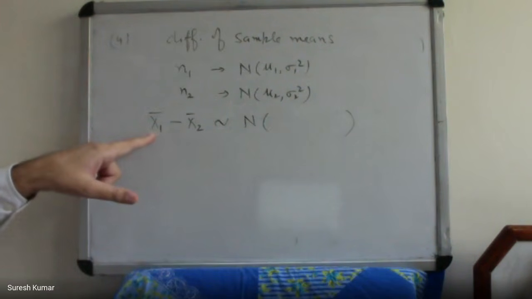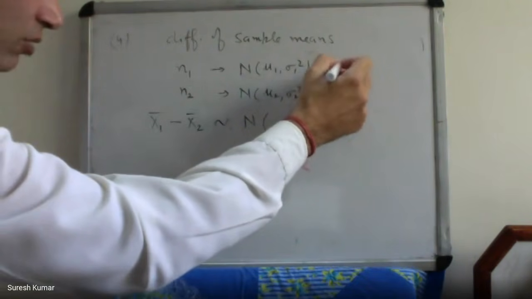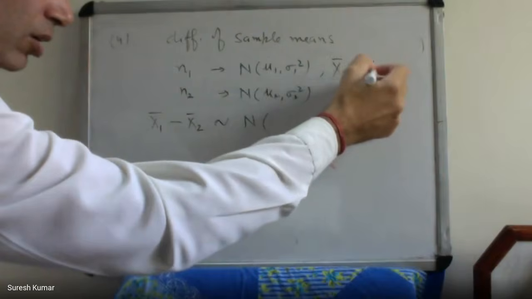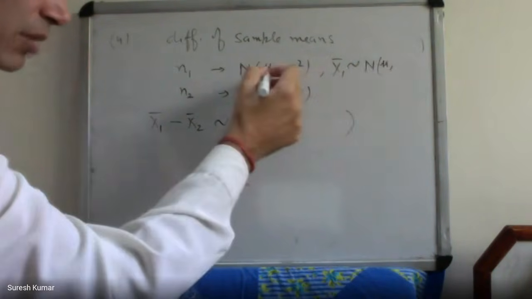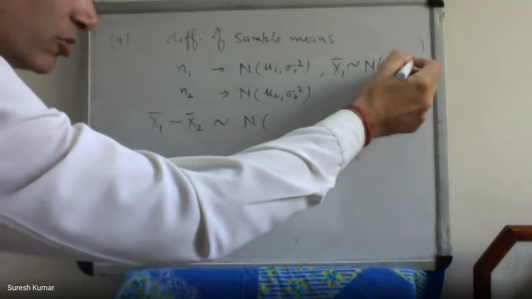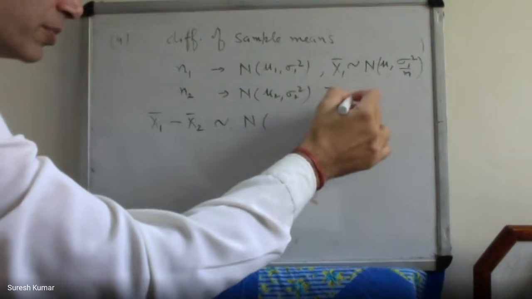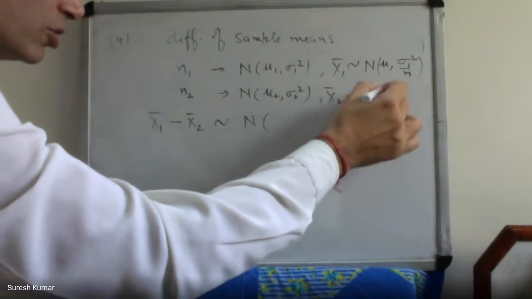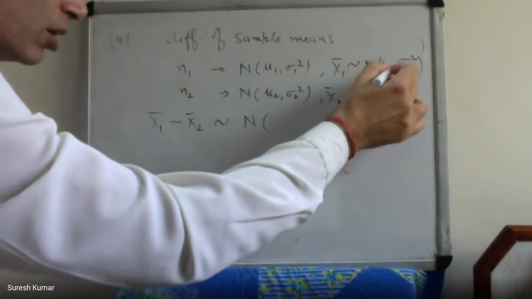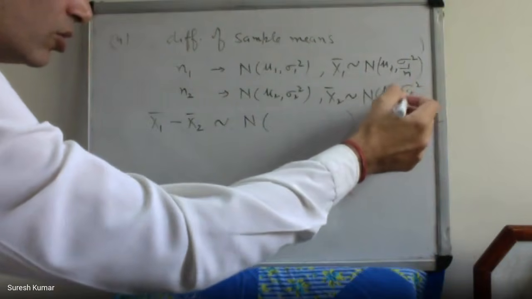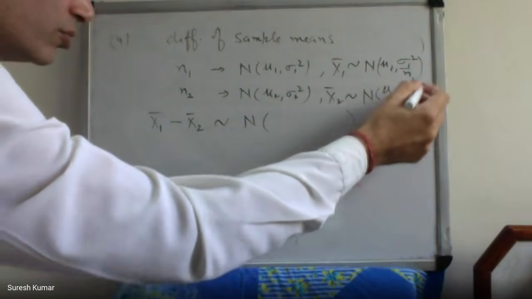What is the mean of x1 bar? x1 bar follows which distribution? Normal distribution with mean same as population mean mu1 and variance sigma 1 square over n1. Likewise, x2 bar follows normal distribution with mean mu2 and variance sigma 2 square over n2.